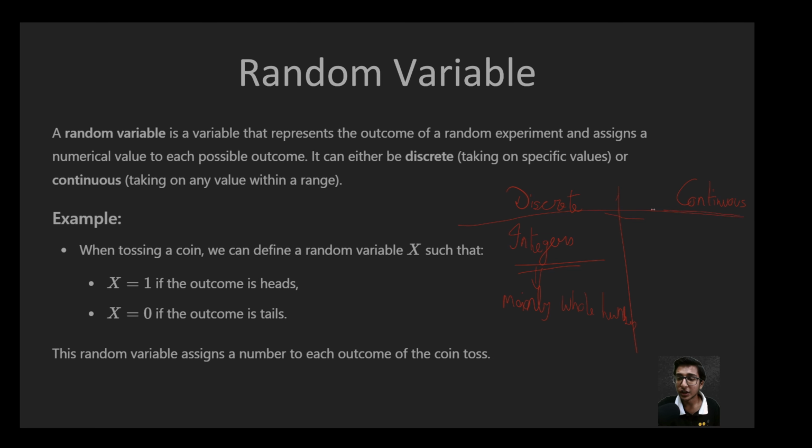For continuous, it can be any real number, and it can be in range format as well. So that is what we call a continuous random variable, and a discrete random variable is basically a number that is going to be given to you.